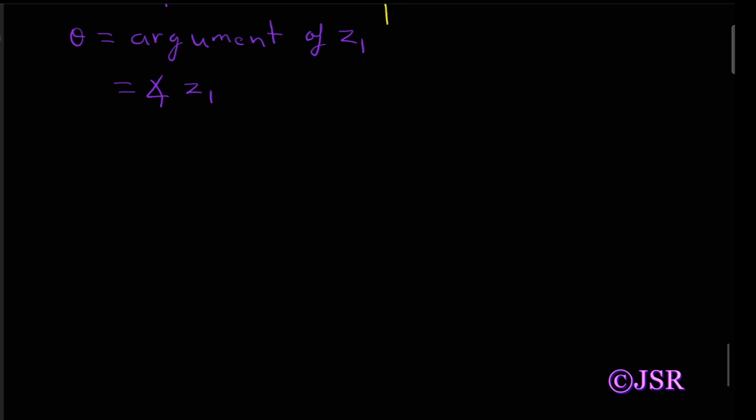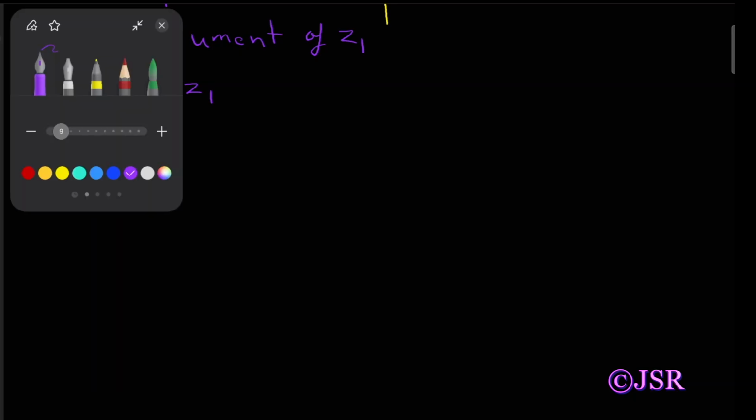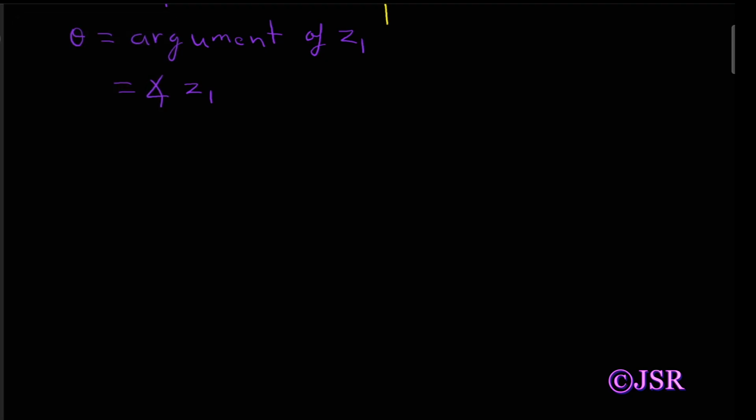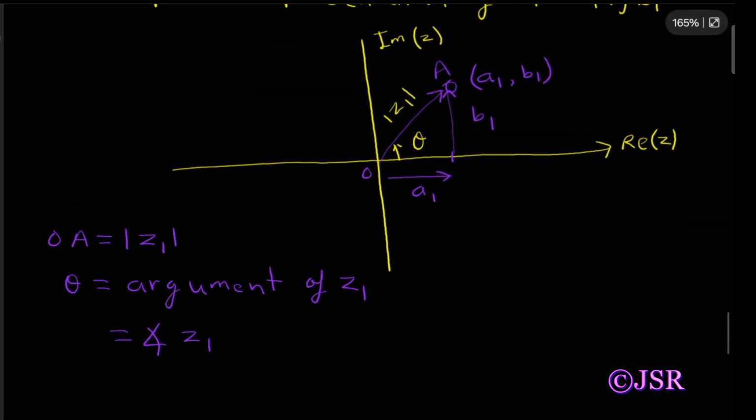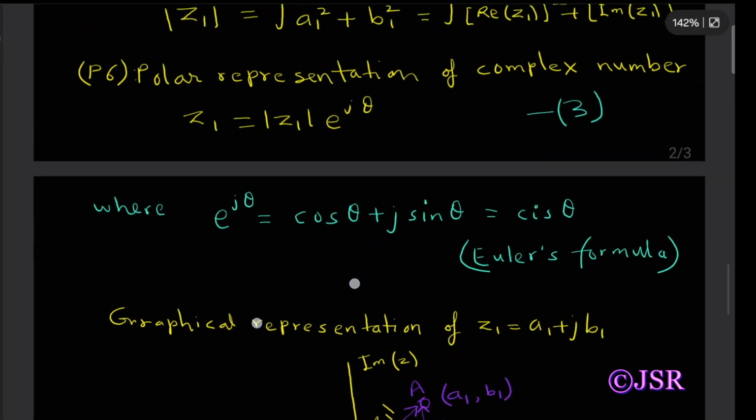So the extension of this polar form can be further extended in property P7.